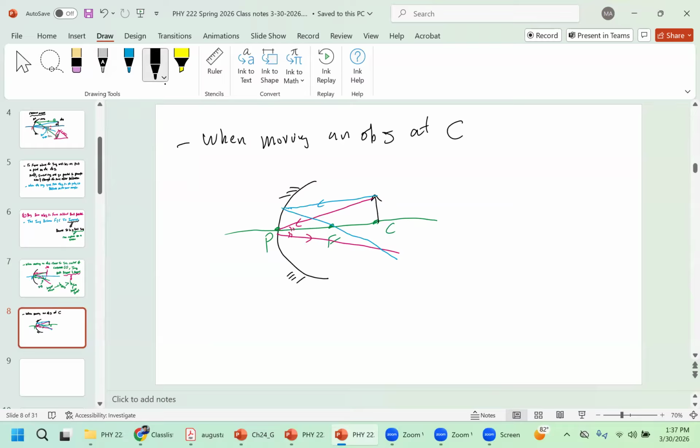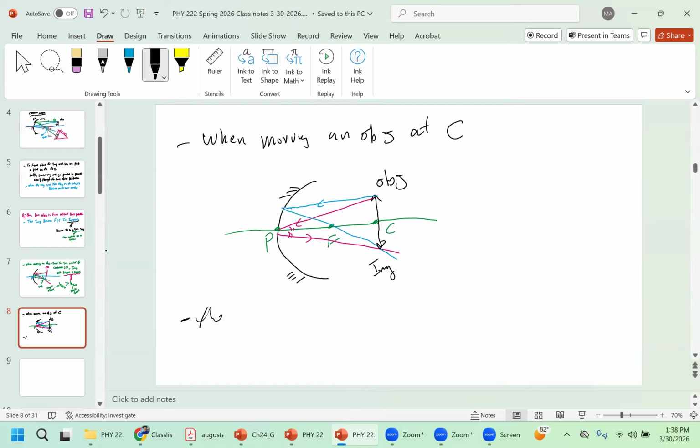So when you move an object to the center of curvature, you're gonna have the exact same image inverted.